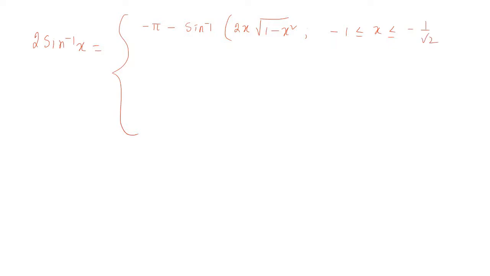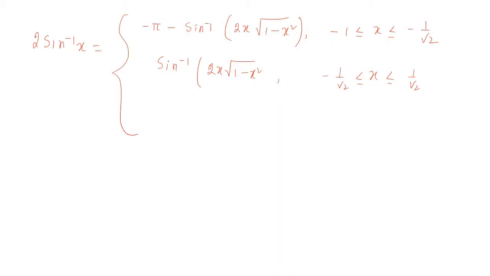Then we obtained the result: only sine inverse of twice x into root over 1 minus x square. The condition was from minus 1 by root 2 less than or equal to x less than or equal to 1 by root 2. You may also give not equal sign here or here, or you may give equal sign in both places.